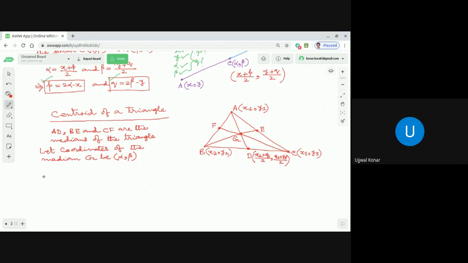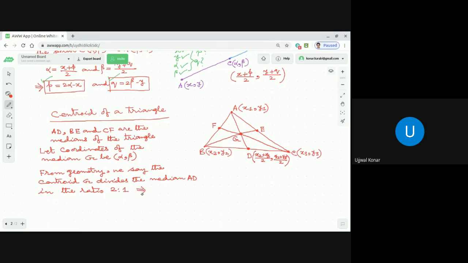So what we can write is, from geometry, and I hope you are aware of it, as G is the centroid on the median AD, G divides the median AD in the ratio 2:1.